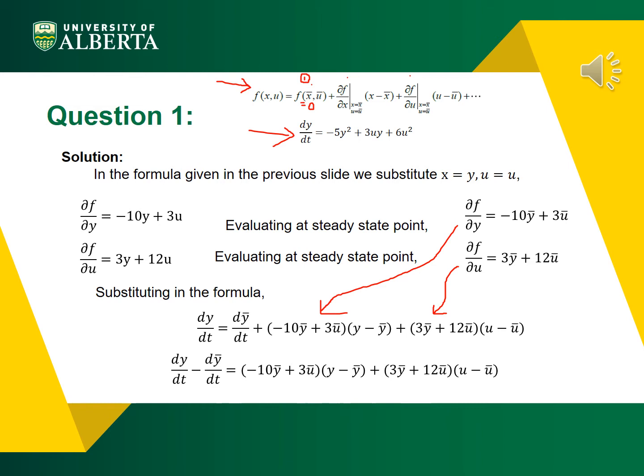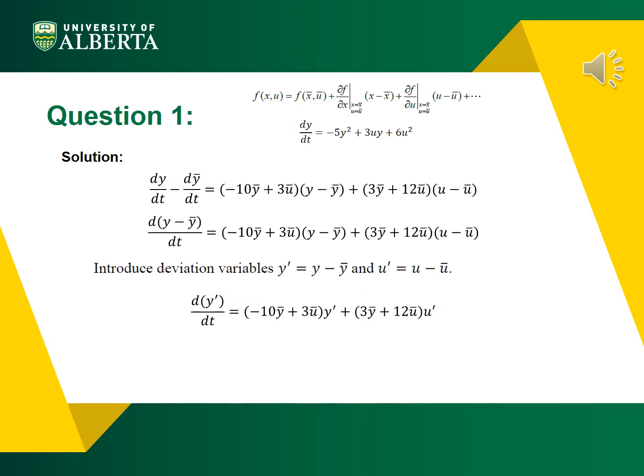I'm taking this dy bar by dt to the left hand side. And if I pull the differential operator out as common on the left hand side, I get d by dt of y minus y bar, and then the entire equation on the right hand side.